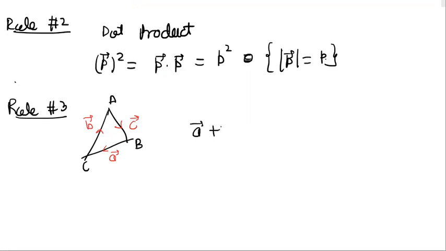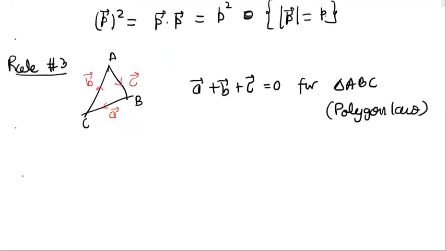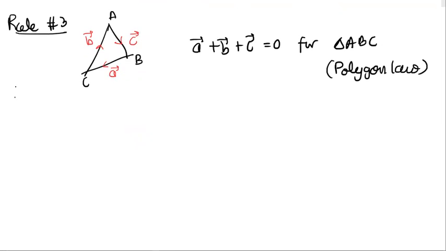So we can say A plus B plus C is equal to 0 for triangle ABC. This is also called the polygon law in vector algebra. Based on these three things, we can find the cosine rule and sine rule.